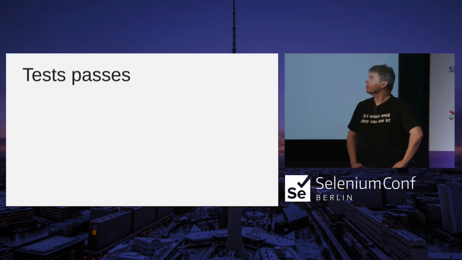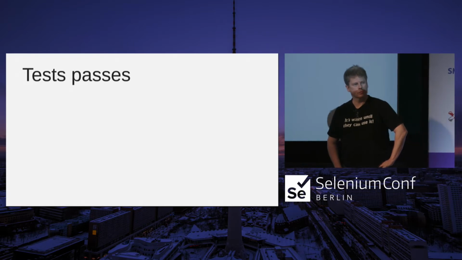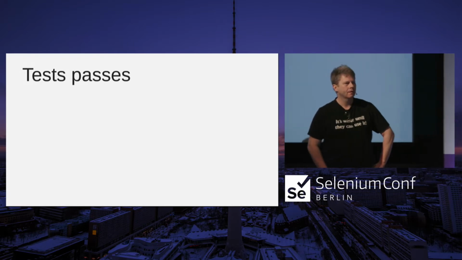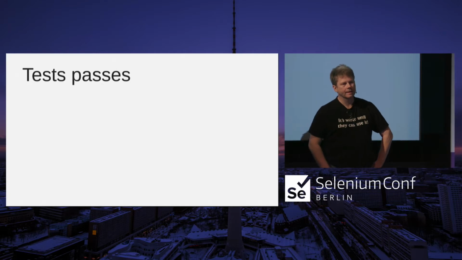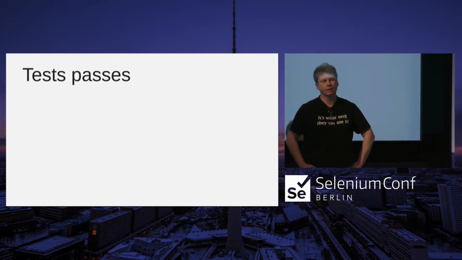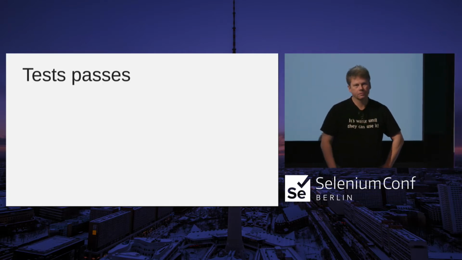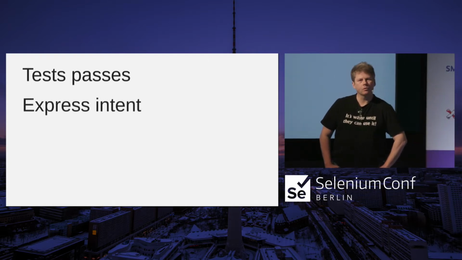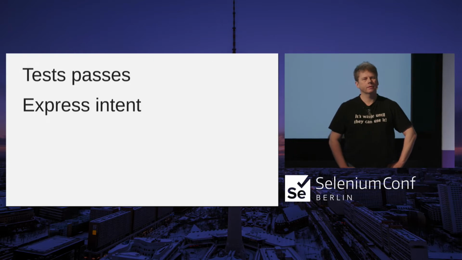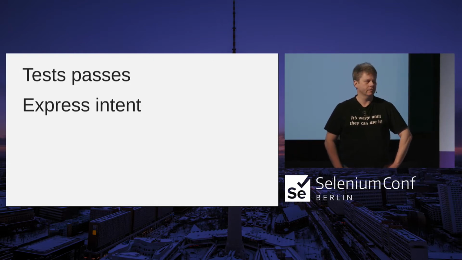Well, the first one says the tests should always pass. That's really important because it means that there are tests. And I think he came up with this in the context of unit testing, but that doesn't really matter. It's also really important that you express intent, and this can also be said as clarity, maximize clarity.